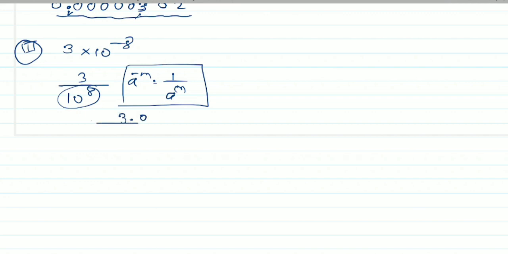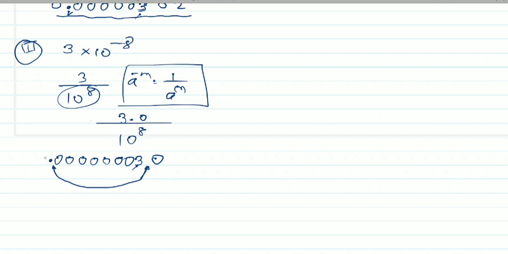So what we do is, as we are dividing by 10 raised to power 8, shift the decimal point by 8 digits. The decimal point was here. So we have to shift by 8 digits. 1, 2, 3, 4, 5, 6, 7, 8. So we have shifted from here to here.